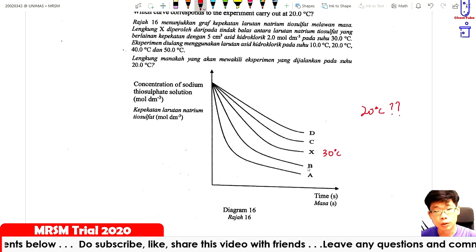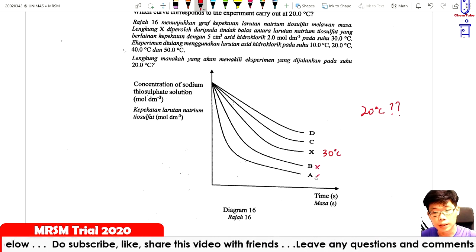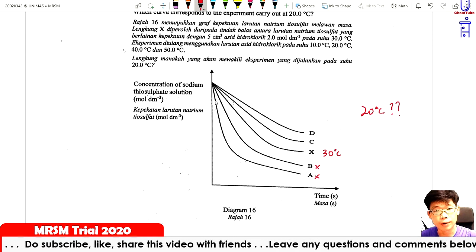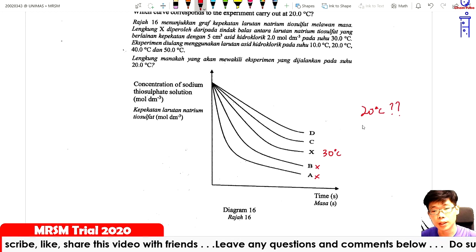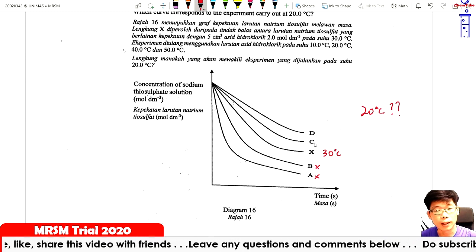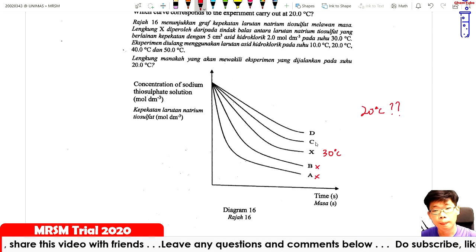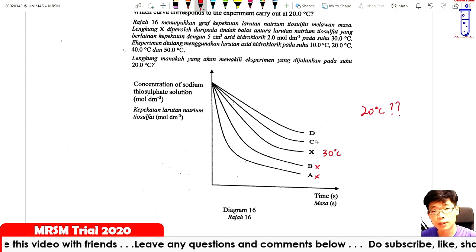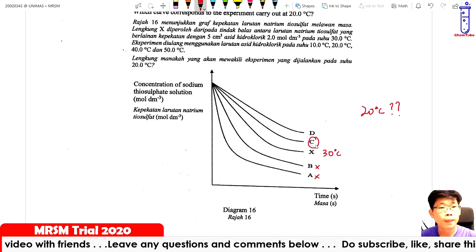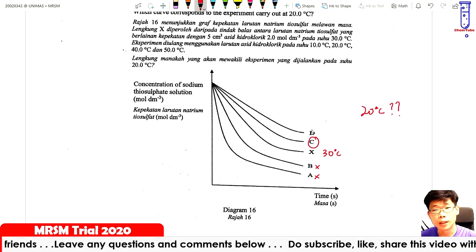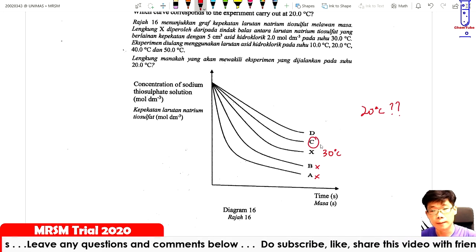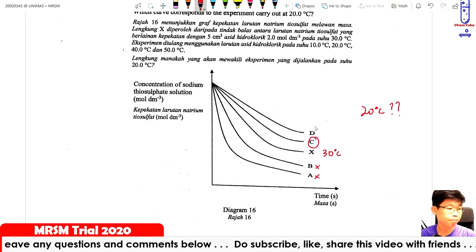So A and B are not possible because they decrease very fast compared to 30. So it can be C or D. C will be more possible. D will be for 10 degrees Celsius.